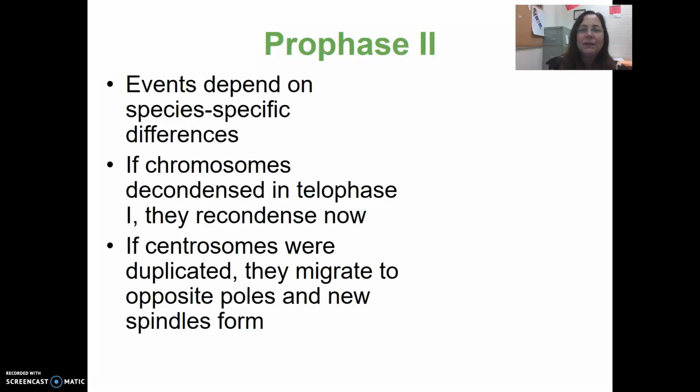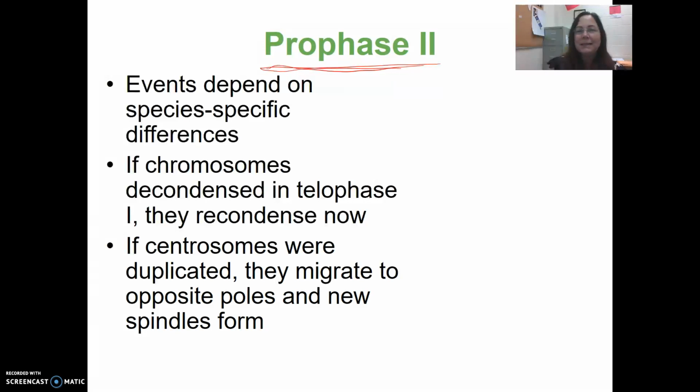The notes on the stages of meiosis two say that in prophase two, the events do depend on species-specific differences. Sometimes the chromosomes decondense at the end of meiosis one, so they form back into chromatin. So the chromatin would need to condense and form back into chromosomes.